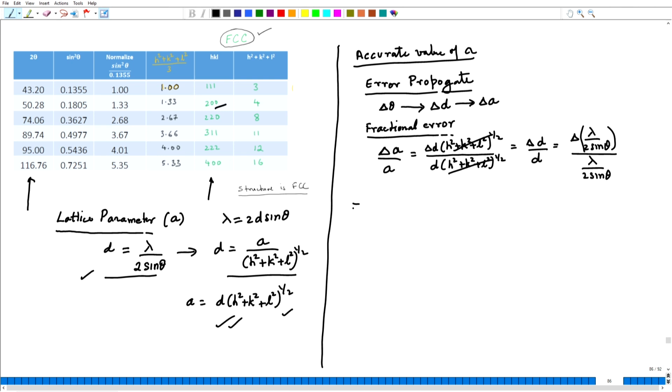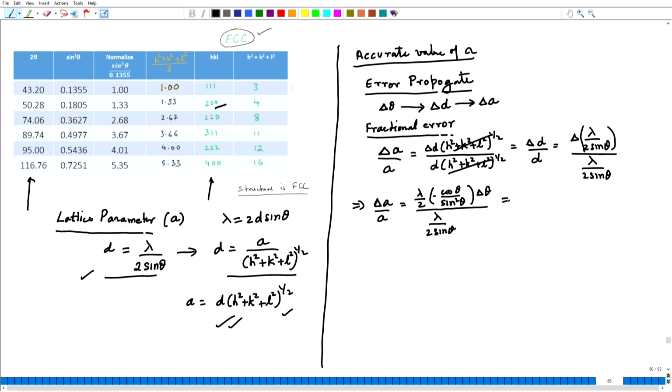Therefore, delta A upon A, differentiating the numerator, I will get lambda upon 2 times minus cos theta upon sin square theta, since I am differentiating 1 upon sin theta, times delta theta, divided by lambda upon 2 sin theta.